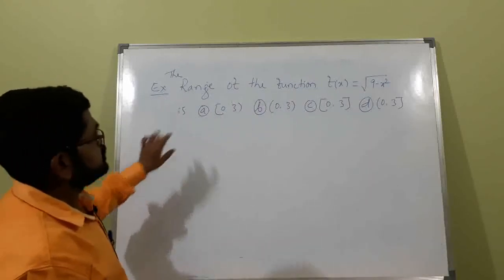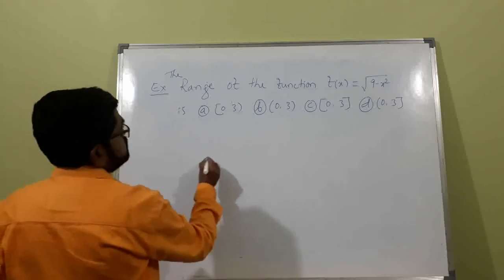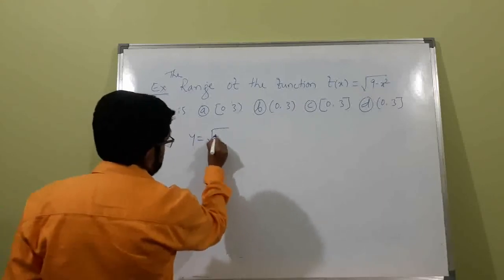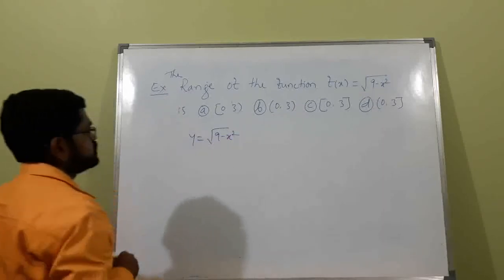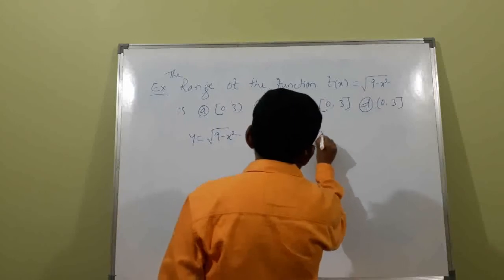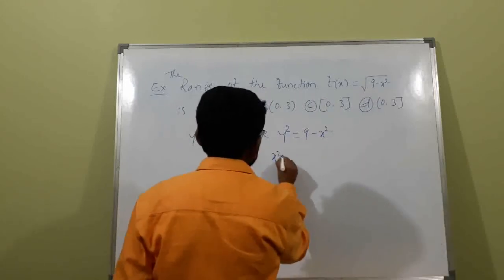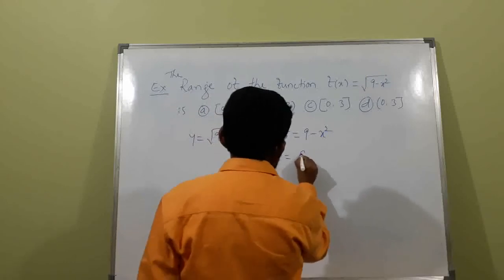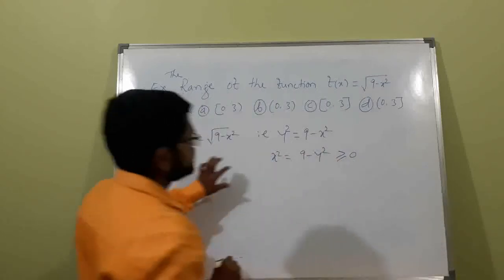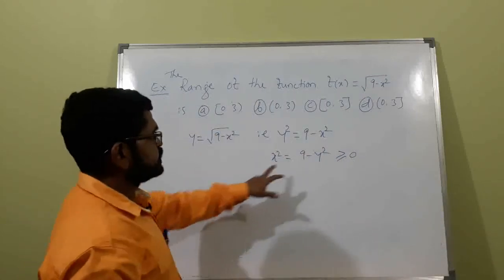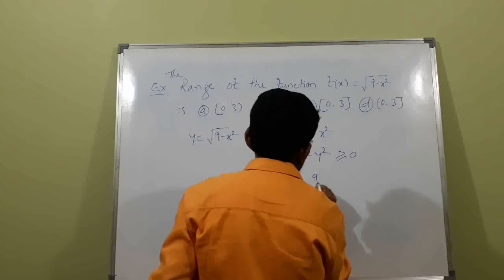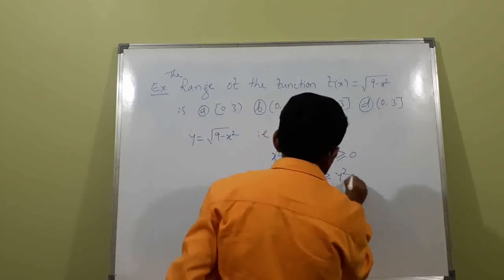Okay, here y is equal to root of 9 minus x squared, or y squared is 9 minus x squared, or x squared is equal to 9 minus y square, which is non-negative because x square cannot be negative. So this implies y square is less than or equal to 9.